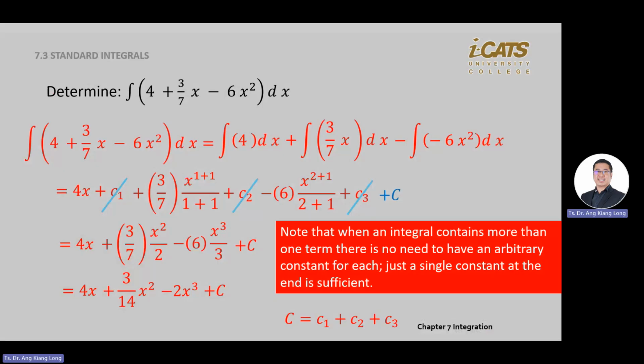This one, I pull my 6 out. Oh, it should be positive. Right? Or is it negative? So this one, if you use the formula, it will be 6 pulled out, then x to the power 2 minus 1, divided by 2 minus 1.